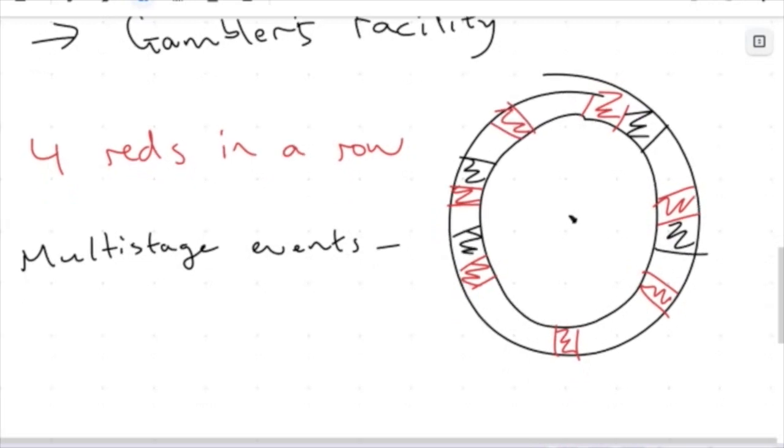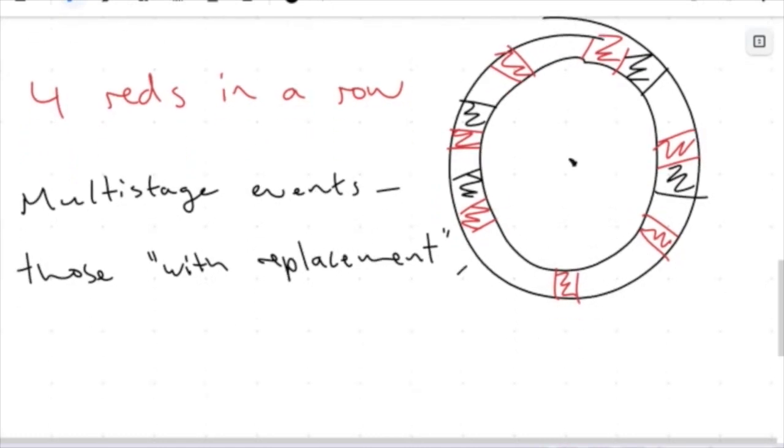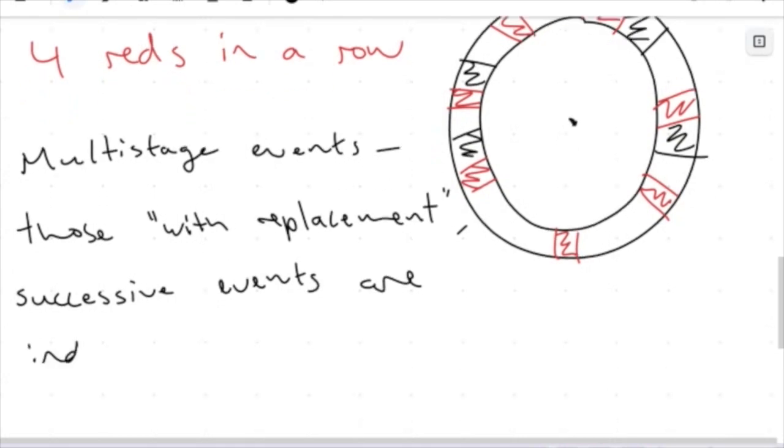So multi-stage events with replacement, successive events, those happening one after another, are independent.